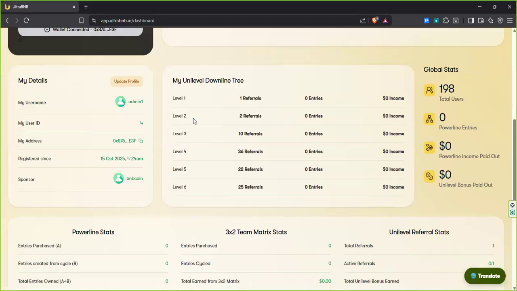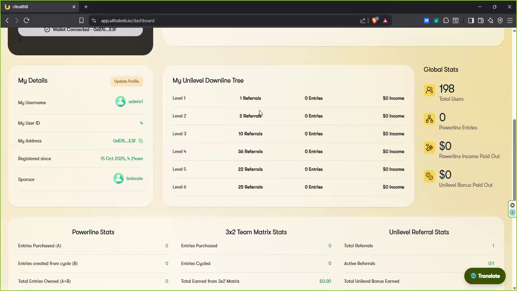I'm not actually engaged in team building in this account, but I do have one which I'm personally building. So here you can see just one account referred, and my second level is built with 2 referrals, my third level 10 referrals, the fourth 36, the fifth 22, and it keeps going on and on.